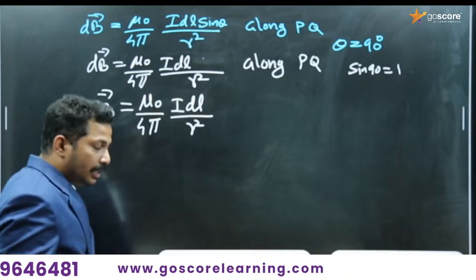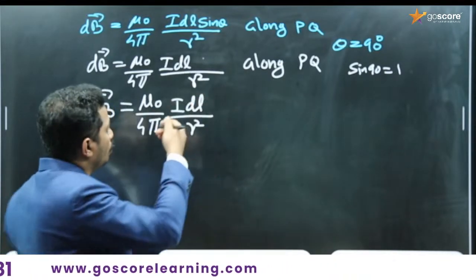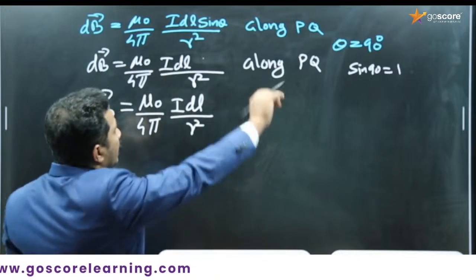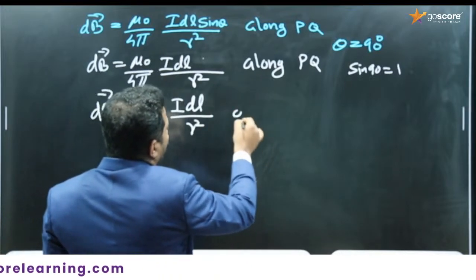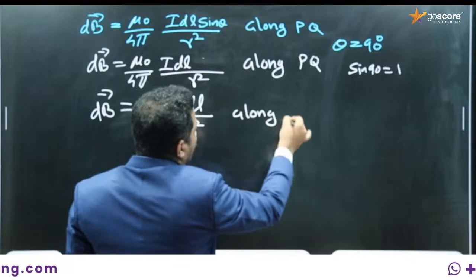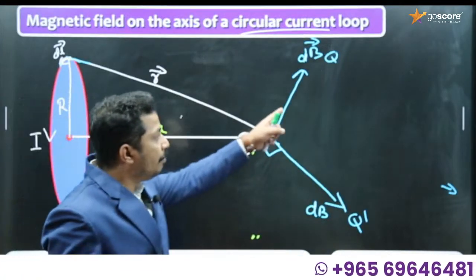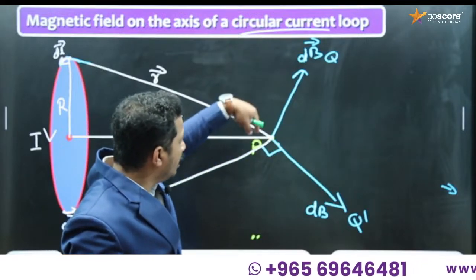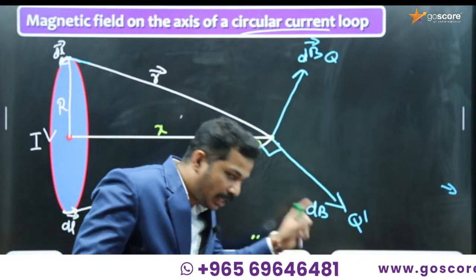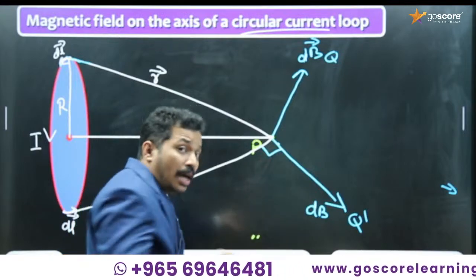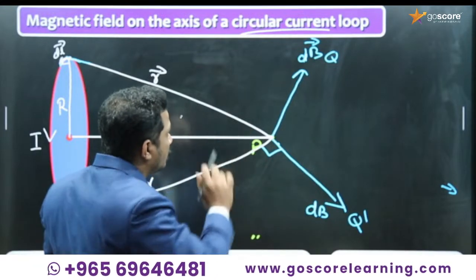Since theta is 90 degree here, sin theta will be 1, so simply write it as I dl divided by r square along PQ dash. Is that okay? So we have 2 dB, one along PQ and one along PQ dash. Their magnitudes are equal and directions are somehow opposite.